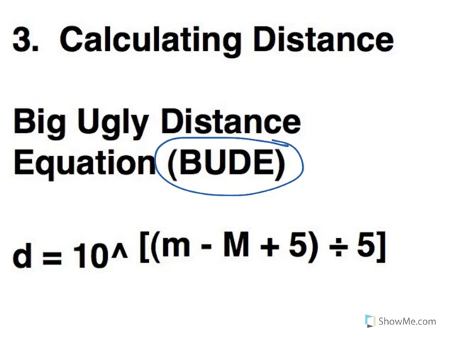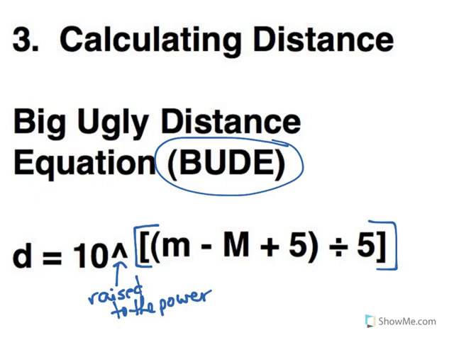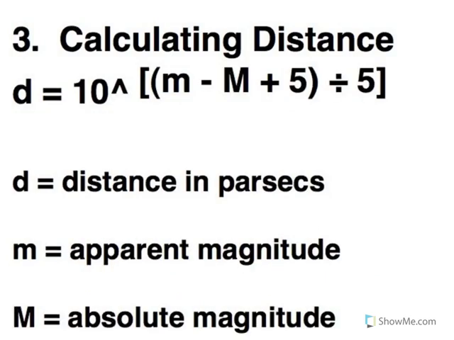So here we have 10, that's raised to the power of everything inside of these brackets. So all of that is going to determine what 10 is raised to the power of. And so defining our terms here, d, that is our distance, and this will give us our distance in parsecs.